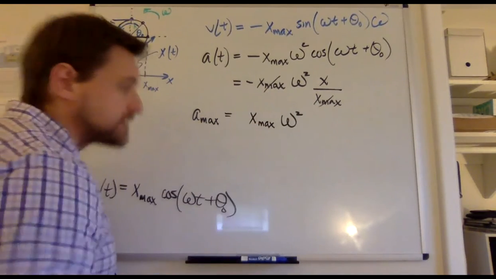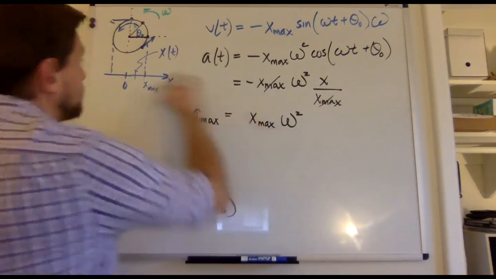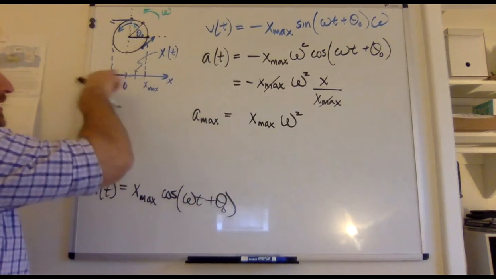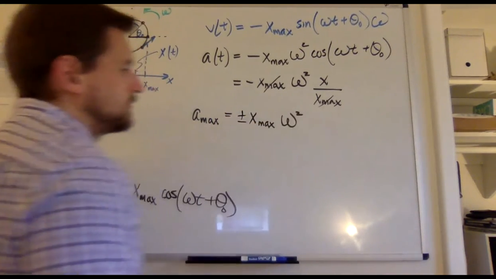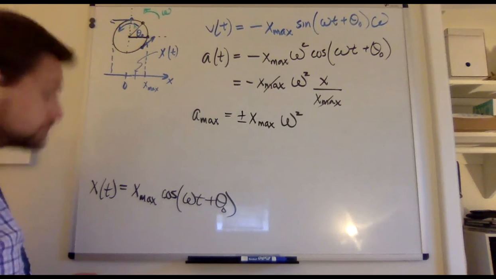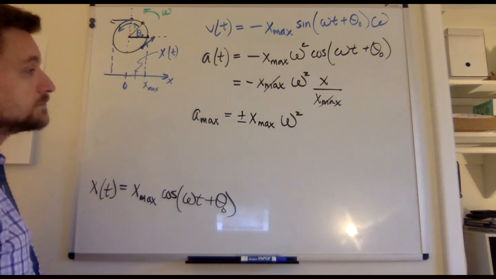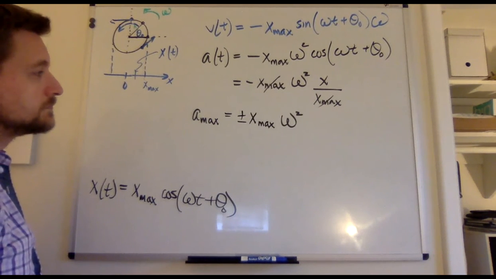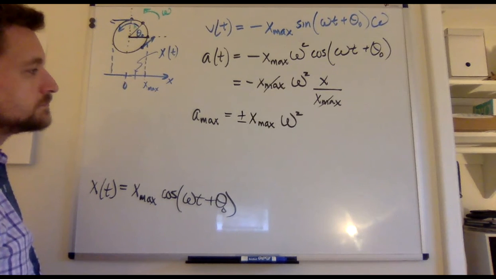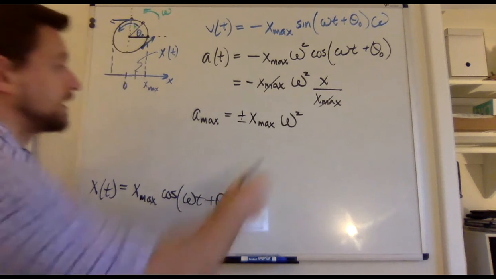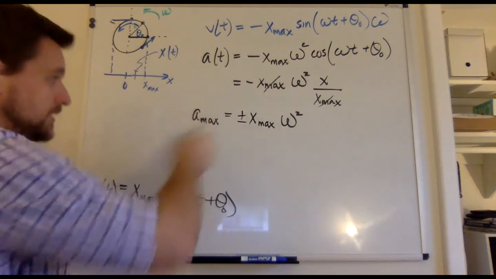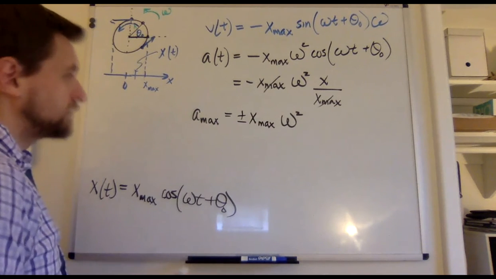The maximum acceleration is either plus or minus, depending whether we're being accelerated to the right or the left. X max omega squared. I'm sorry. Yeah, x max omega squared.